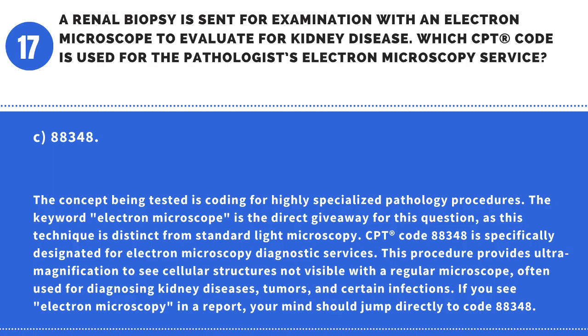This procedure provides ultramagnification to see cellular structures not visible with a regular microscope, often used for diagnosing kidney diseases, tumors, and certain infections. If you see electron microscopy in a report, your mind should jump directly to code 88348.